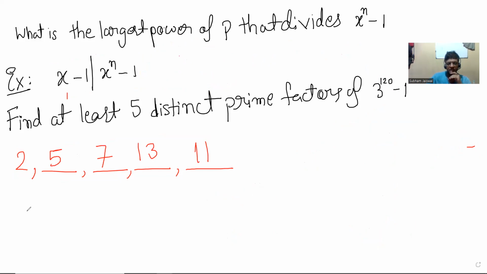So let's ask this question: does 5 square divide 3 to the 120 minus 1? If you like this question. 5 square, does 5 square divide 3 to the 120 minus 1?